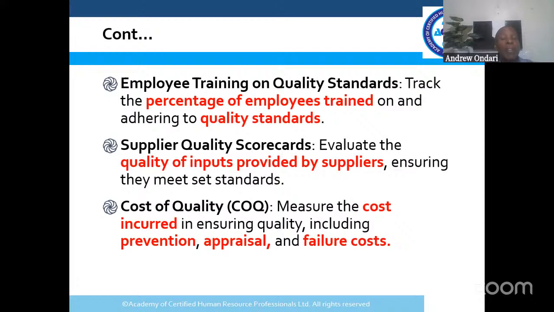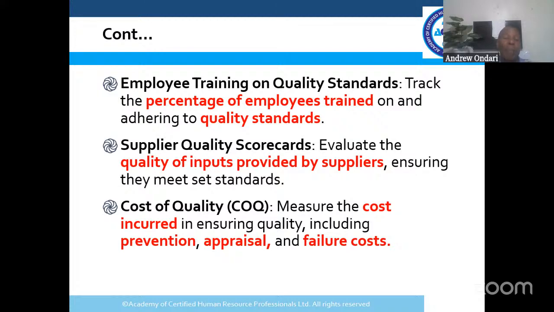So if you find that the people at the gate are not checking the people entering by way of frisking, then that is a lapse. That's not what we hired them to do. So we expect that all the service providers or suppliers of goods must meet our standards.